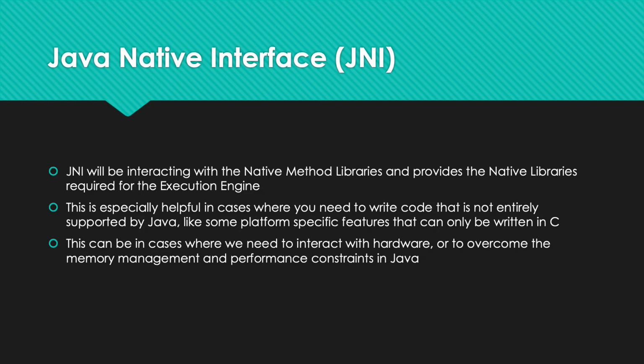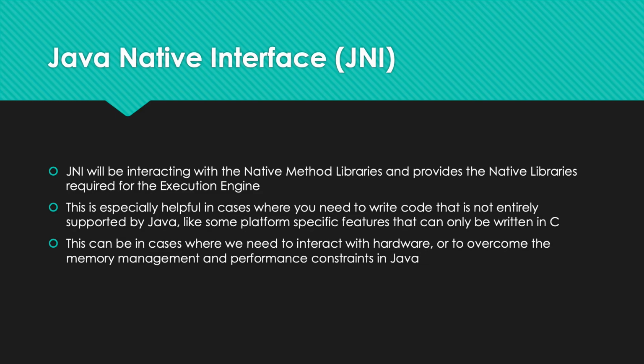And yeah, the next one is the Java Native Interface. Like I mentioned before, sometimes you might need to run code in other libraries, in languages other than Java, especially for platform specific features, or when you need to interact with the hardware, or to overcome some of the constraints in Java using other languages such as C and C++.